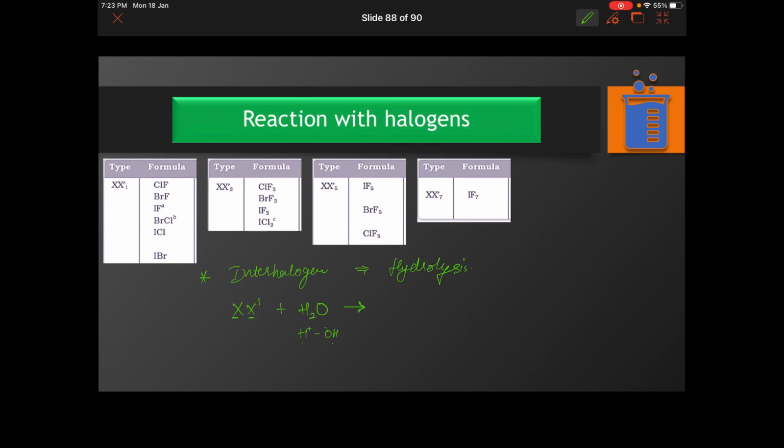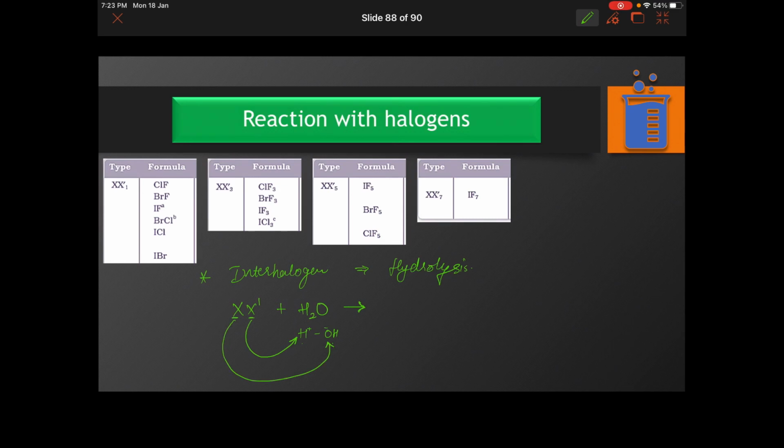So try and remember this trick. X, the smaller atom, will react with the smaller ion. Smaller halogen atom will react with the smaller ion, that is H plus, and larger will react with larger.